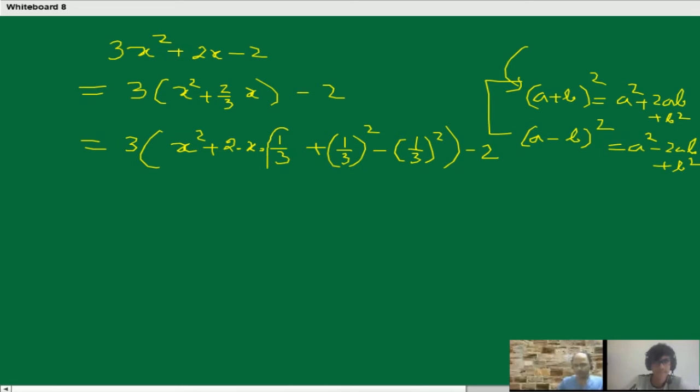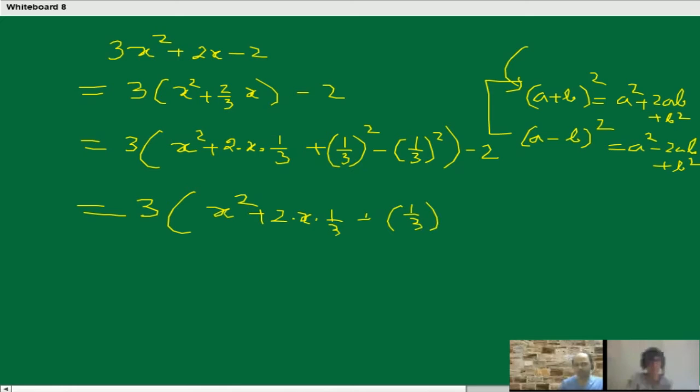Why have we added 1/3 whole square? Because if you compare with 2ab, a is x, b is 1/3. That's why we require plus b square, and to make an adjustment we have to subtract b square. So the first three terms are x square plus 2 times x times 1/3 plus 1/3 square, and the 3 times 1/3 square we just kept outside of the bracket.